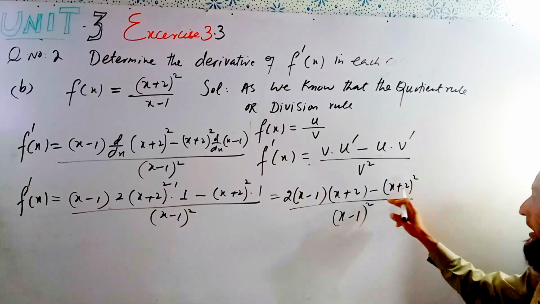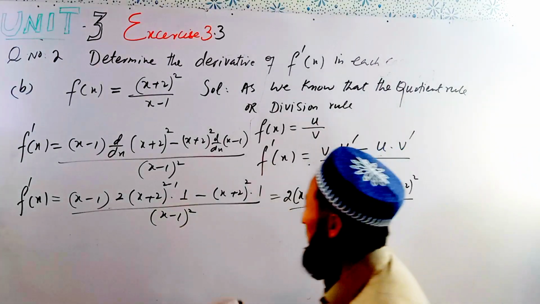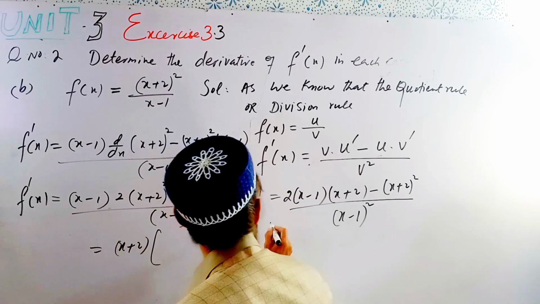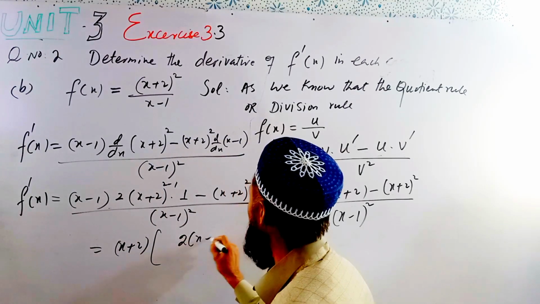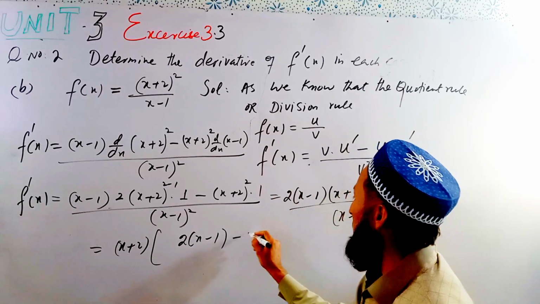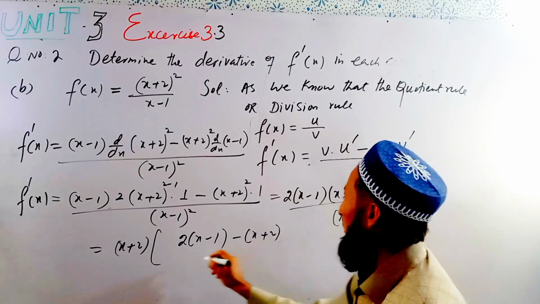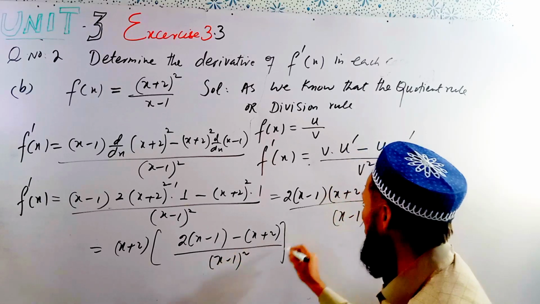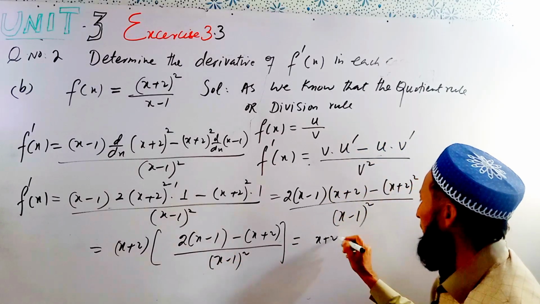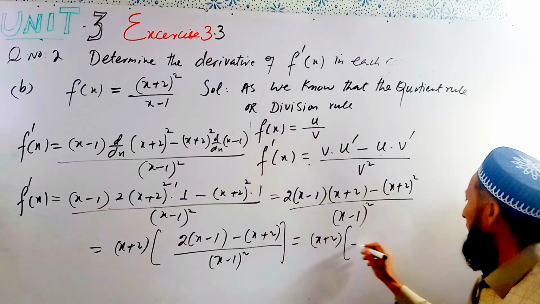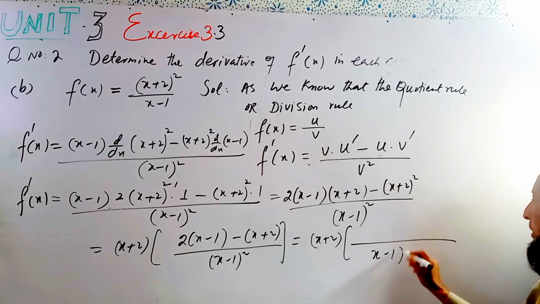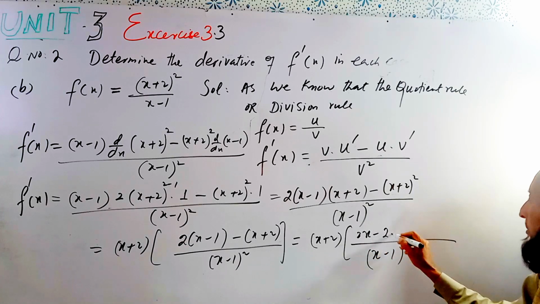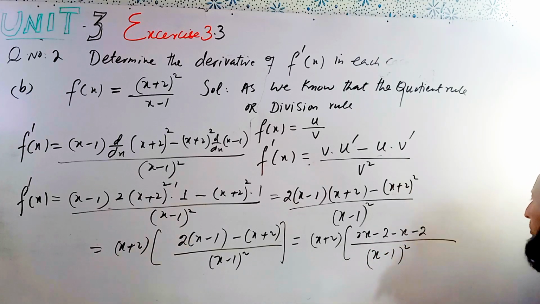Because (x plus 2) is common, we take (x plus 2) common. The remaining term is 2(x minus 1) minus (x plus 2), divided by (x minus 1) whole square. So (x plus 2) into this, with (x minus 1) whole square in the denominator, and 2x minus 2 minus x minus 2.